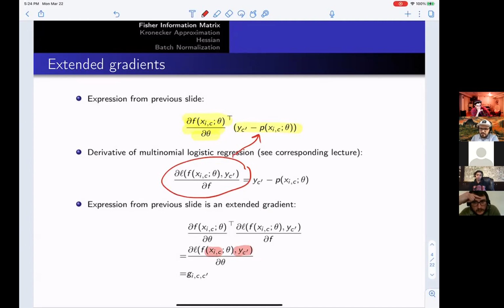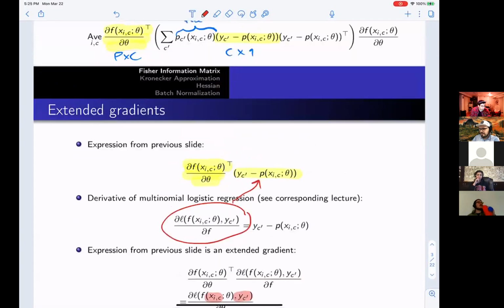Amirreza already says that's why you called them extended gradients, since they're useless in training, right? Yes, that is correct. We are going to call them extended gradients. But I wouldn't insult them by calling them useless, because they are in fact useful in the context of the Fisher information, right?